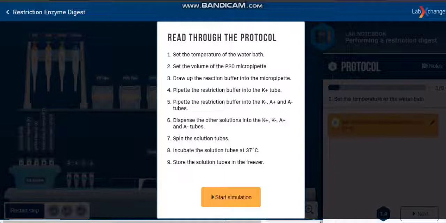Step 5, pipette the reagent buffer into the K minus, A plus, and A minus tubes. And for step 6, dispense the other solutions into the K plus, K minus, A plus, and A minus tubes. For step 7, spin the solution tubes. Step 8, incubate the solution tubes at 37 Celsius. And the last step is to put the solution tubes in the freezer.